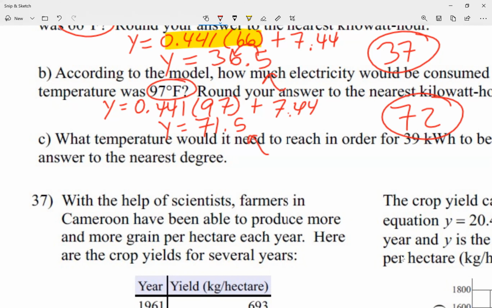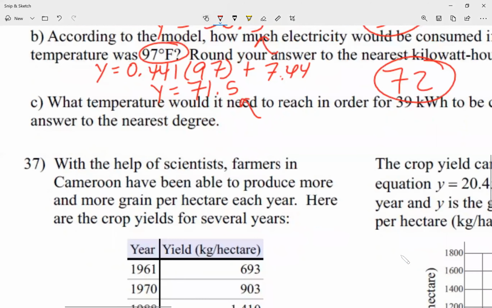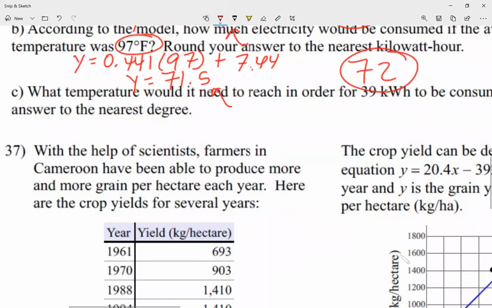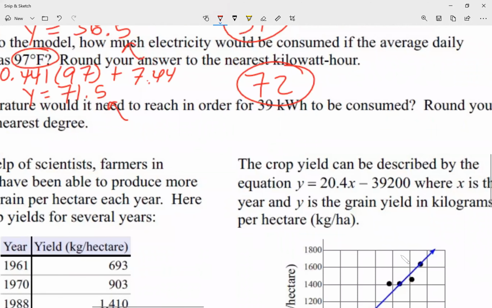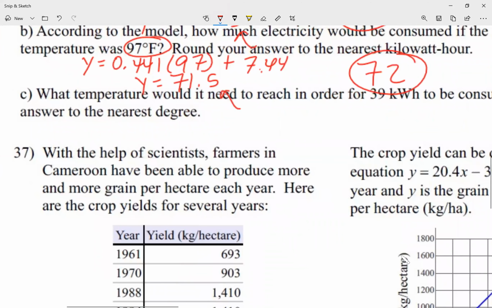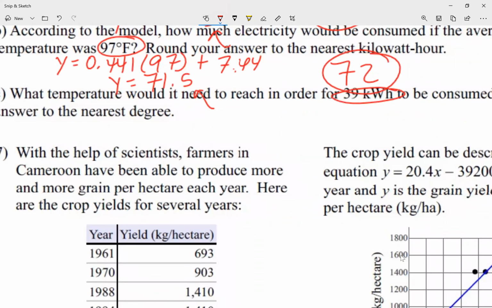And lastly, question number C. It says, what temperature will it need to reach in order for 39 kilowatt hours to be consumed? Round your answer to the nearest degree. So in this case, let me rewrite my equation. 39 kilowatts, that's my y value.